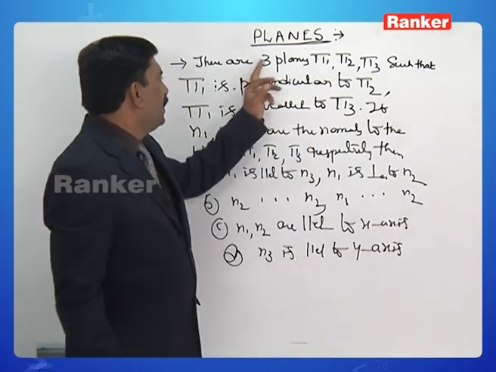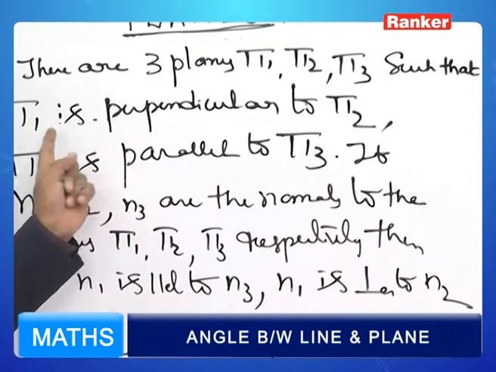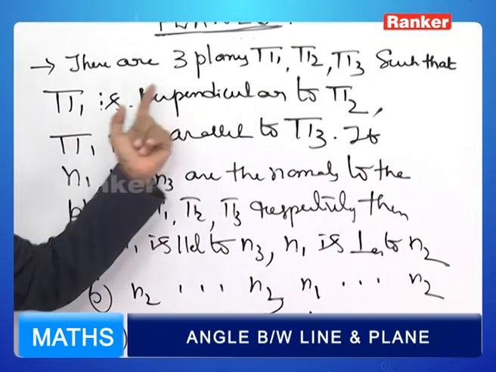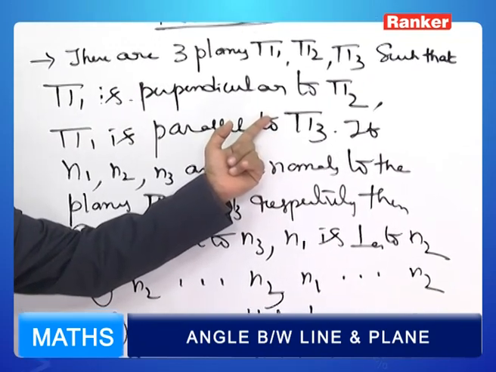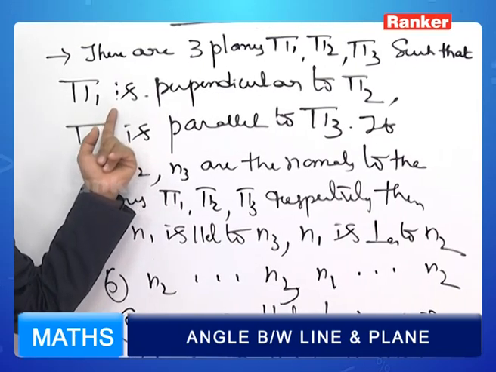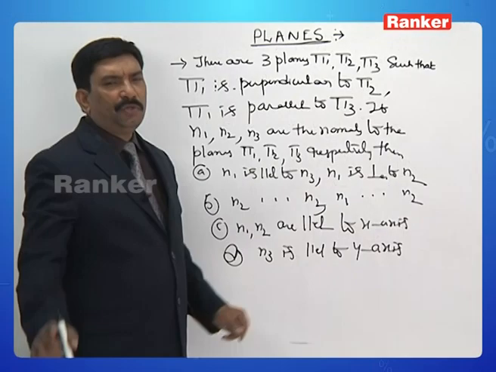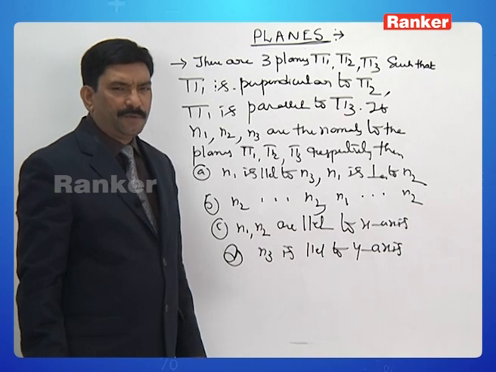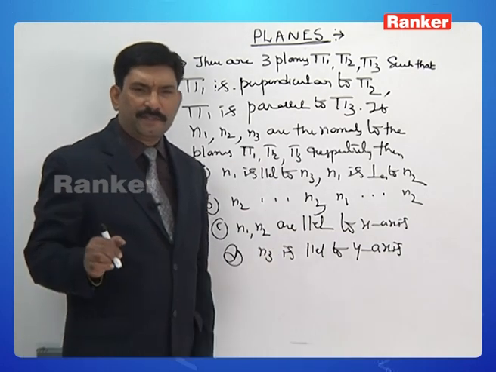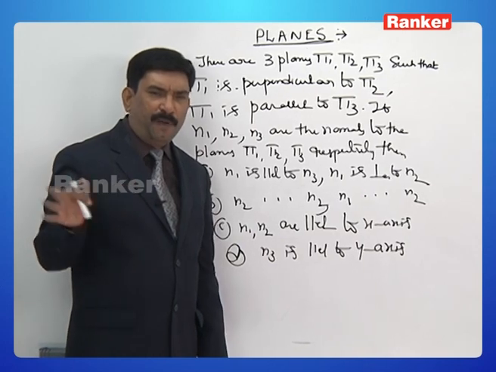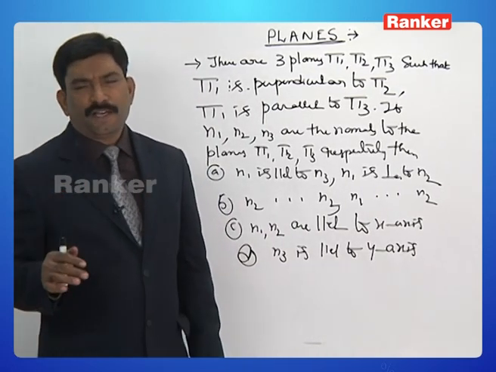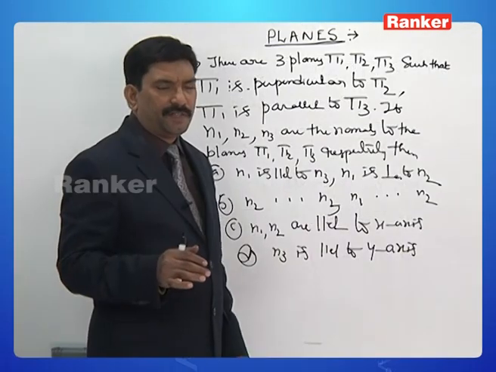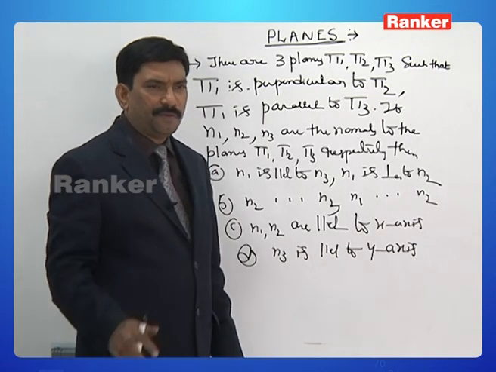There are three planes such that plane 1 is perpendicular to plane 2. For plane 1, n1 is the normal. For plane 2, n2 is the normal. When plane 1 is perpendicular to plane 2, it is quite obvious that the normal to plane 1 is perpendicular to the normal to the second plane. So therefore, the angle between n1 and n2 is 90 degrees. n1 is perpendicular to n2.